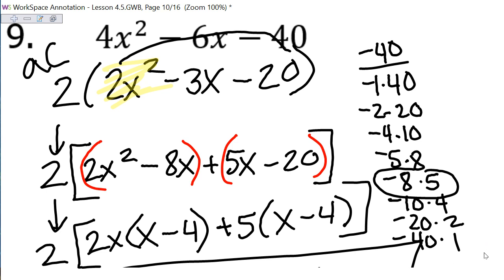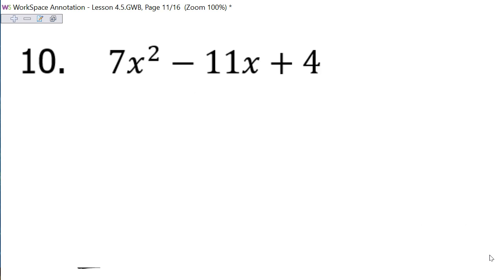Next one, number 10. If it's larger than a 1x squared, what do we have to look for? GCF. Is there a GCF here? No, so if it's larger than a 1x squared, how do I factor this? AC method. So what do I need to multiply? 7 times 4 is? 28.